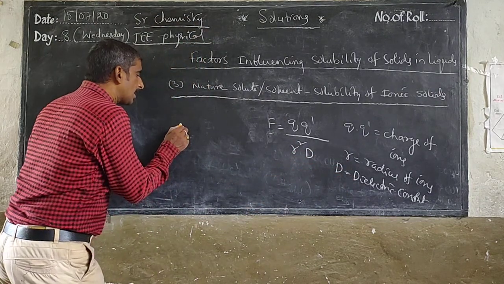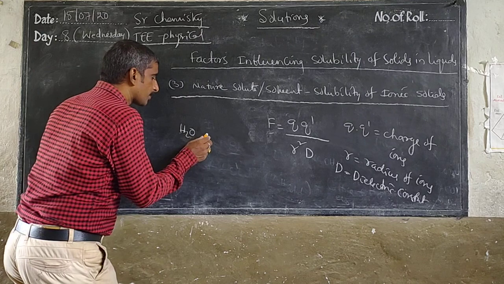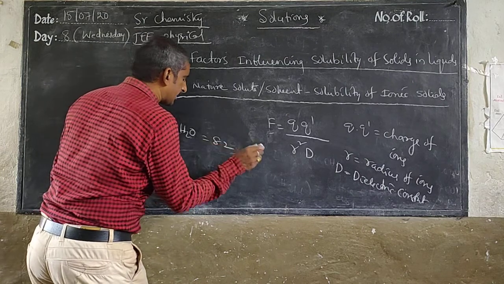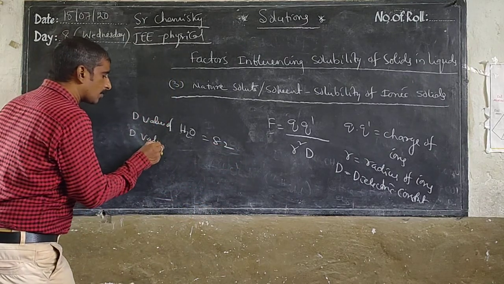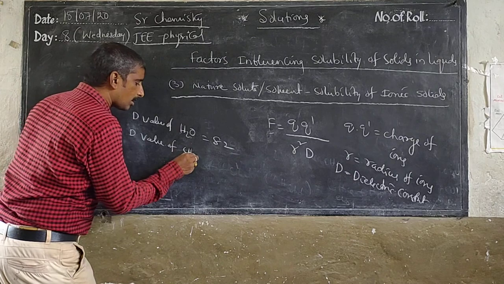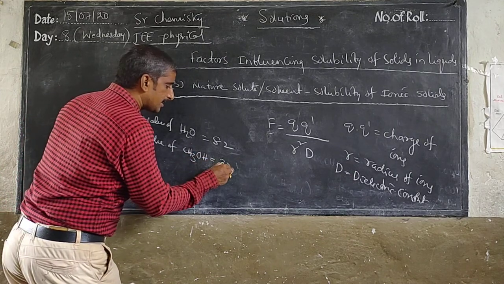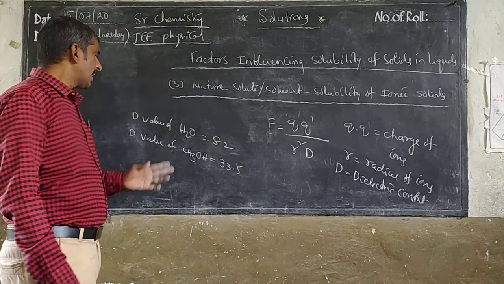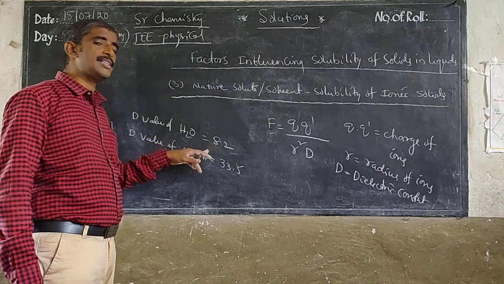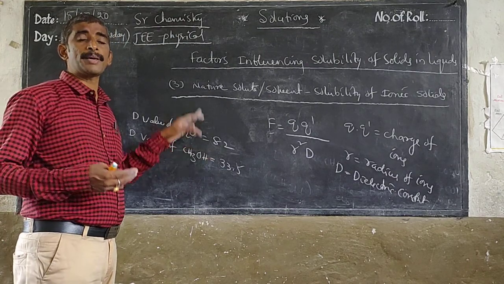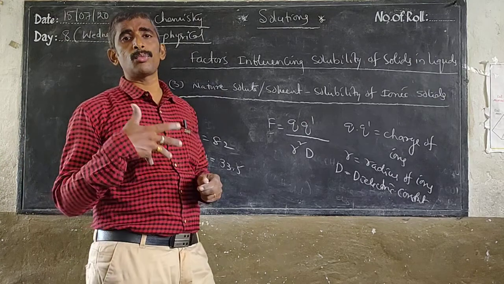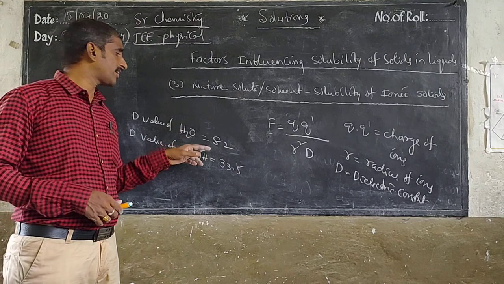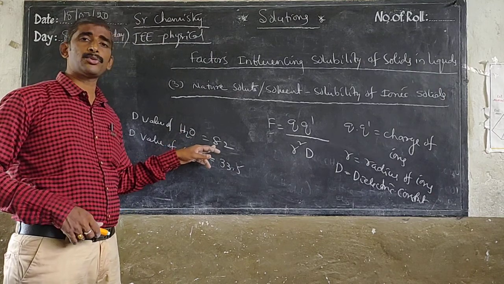For example, water H2O has a D value of 82, and the D value of methyl alcohol, methanol, is 33.5. A higher dielectric constant value means ionic compounds are soluble in that solvent. So ionic compounds are soluble in water having dielectric constant 82.